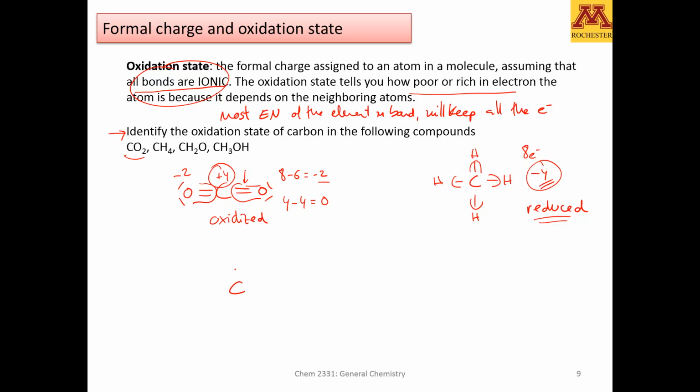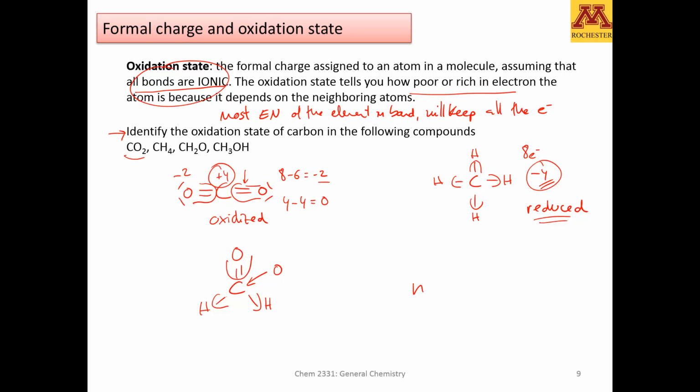In this case, what we call formaldehyde, what is the oxidation state of carbon? Well, oxygen is more electronegative, so it keeps these, but carbon keeps this pair. So how many pairs of electrons does carbon have? It has 2 pairs, that is 4 electrons. Because it already has 4 electrons, it is neutral, so the oxidation state is 0.